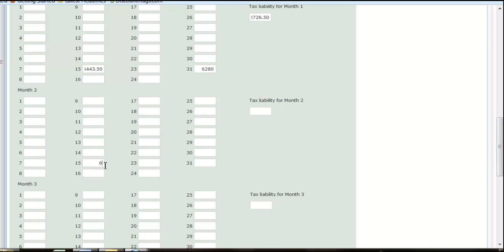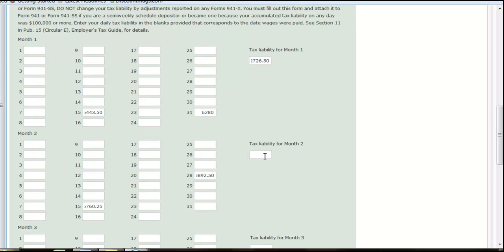Then I had to do the same thing for months 2 and 3, getting paid on the 15th. Our tax liability is 6,760.28, and then on the 28th, sorry, it's February, so the last day of the month is February, 6,892.50. We add both of those together, so February our total tax liability is 13,652.78.